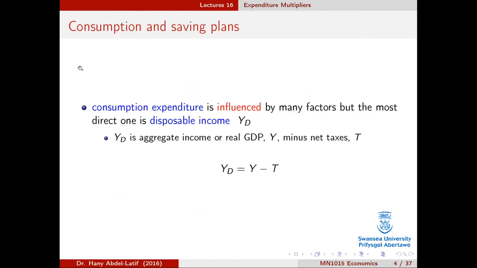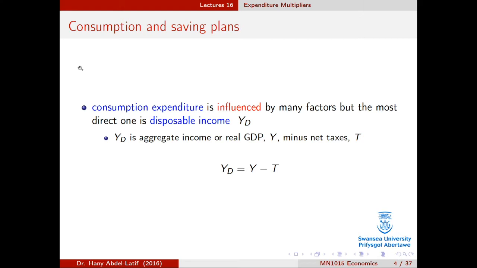A very important determinant is the disposable income, which is the after-tax income, the money left in your pocket after the government collects the tax, after you pay the tax. So that determines your consumption as households.